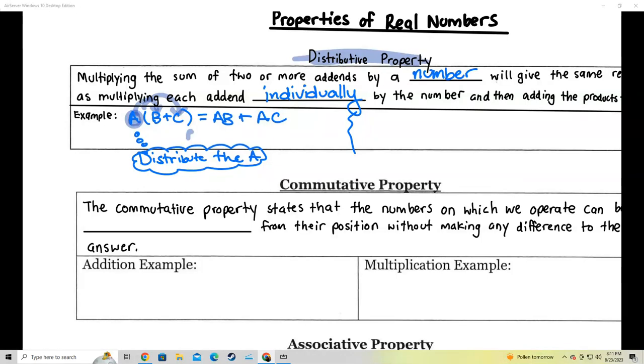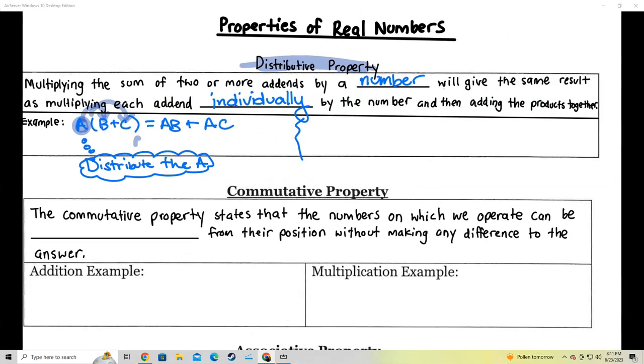Let's show you what that looks like in a specific example. If I had something that looked like 3 times 5 plus 4, then distributive property says I would distribute the 3. So I'm multiplying 3 times 5 and I'm multiplying 3 times 4.